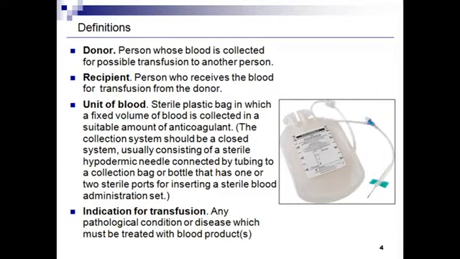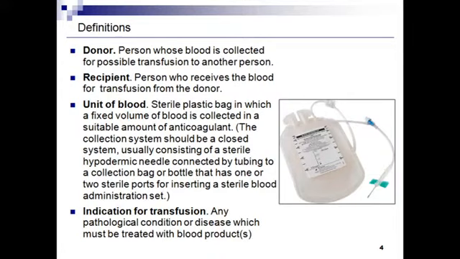From the components, we can prepare products of the blood components and use them for treatment of patients in clinical hospitals. Second definition, recipient is a person who receives the blood for transfusion from the donor. This is indirect transfusion, when the recipient takes blood from donor.